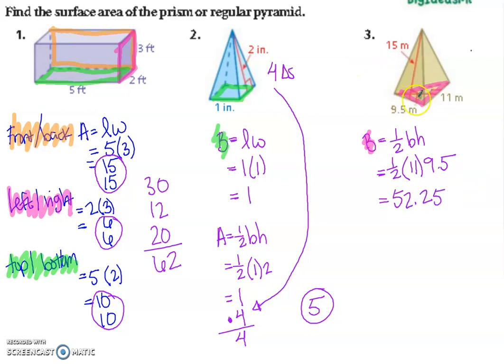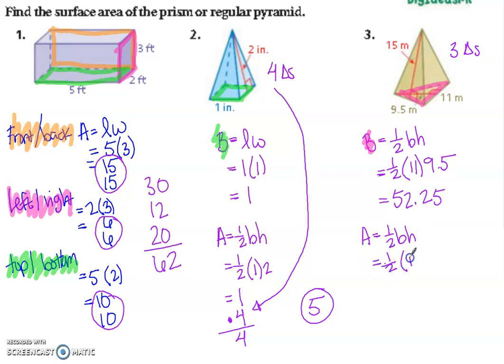Now as I'm looking at this picture, there has to be a triangle per side of base. So there are 3 triangles in this picture. And I'm going to find the area of all of them by finding the area of one of them and then multiplying it by 3. So here we go. Area of one of the triangles. 1/2 base times height. 1/2.